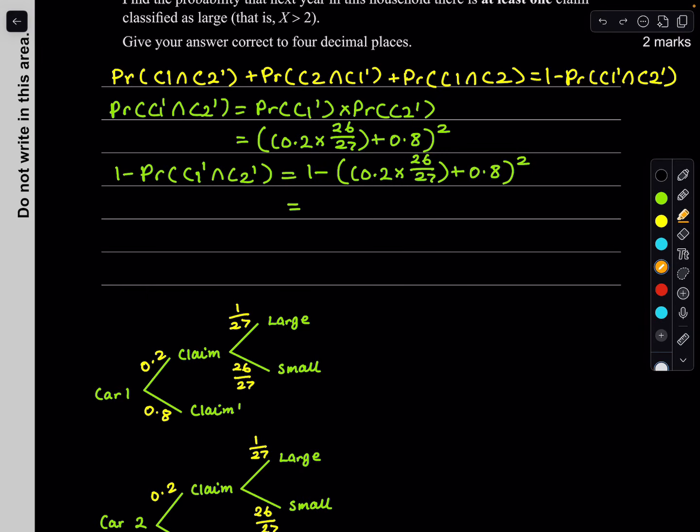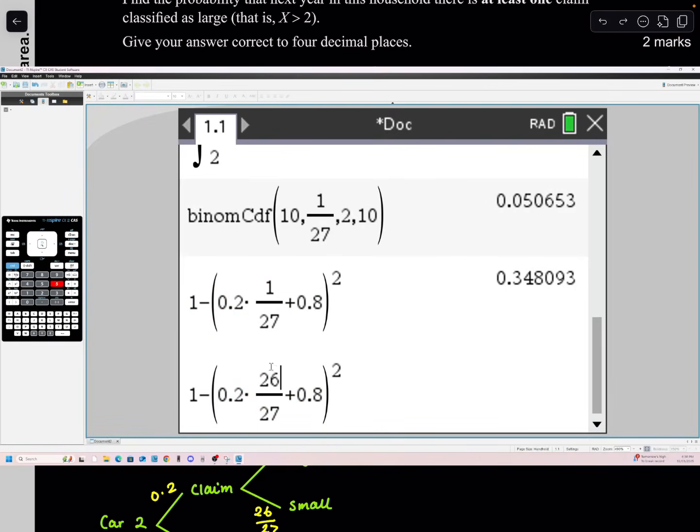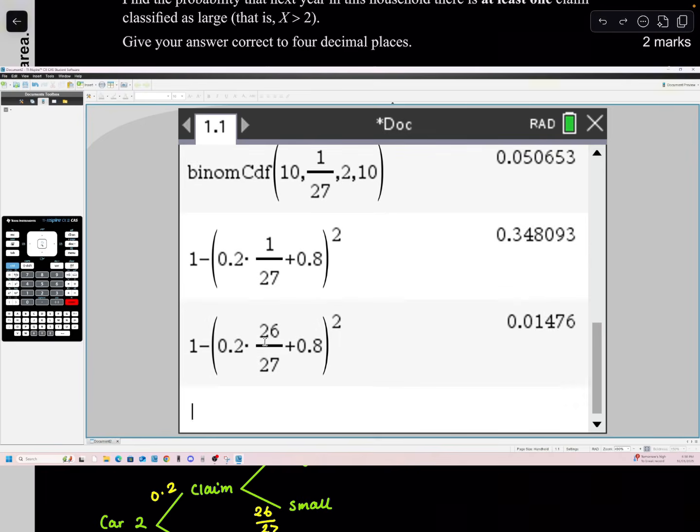Let's try that. If I put 26 over 27, we're not claiming it. Let's also double check: 1 minus 0.2 times 26 over 27, that's the probability it's claimed and becomes large, or unclaimed, and you square that. Okay, perfect, that looks correct.